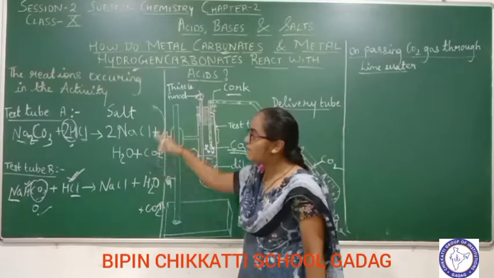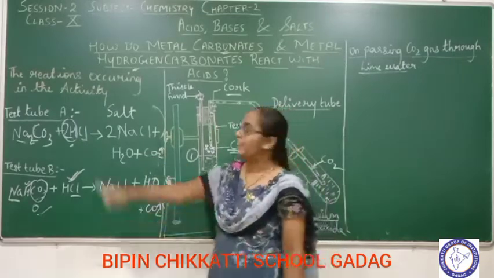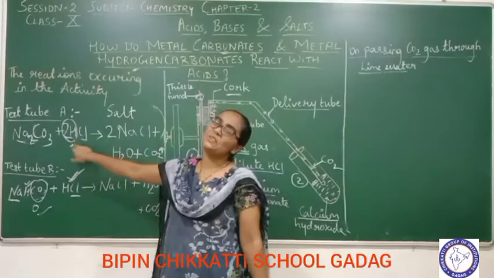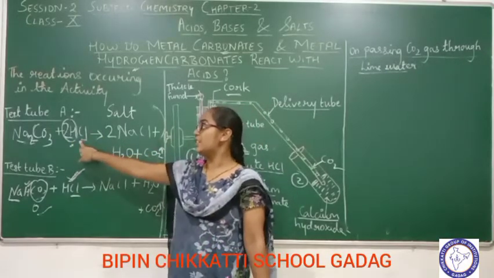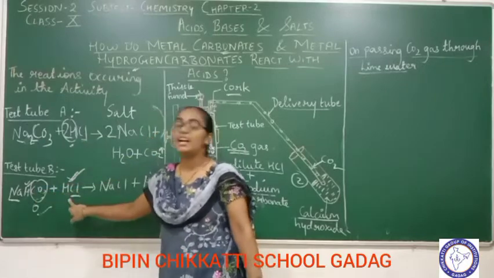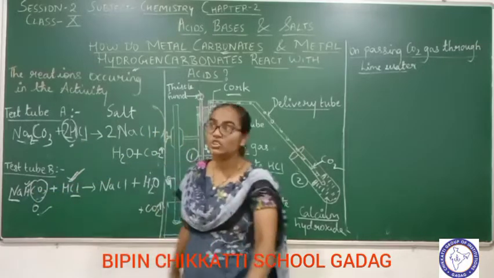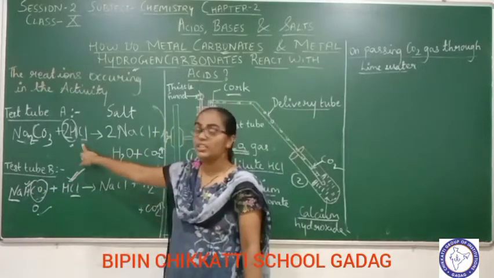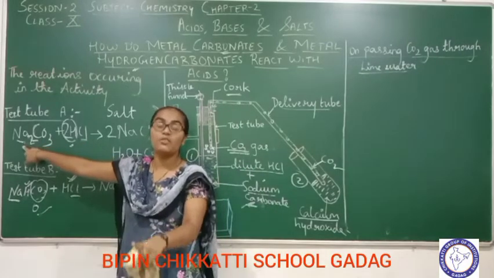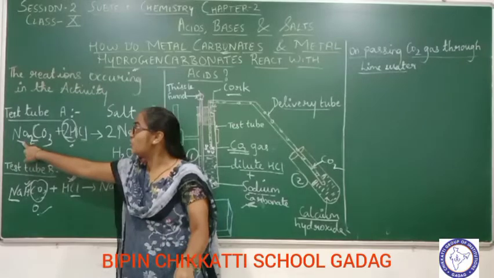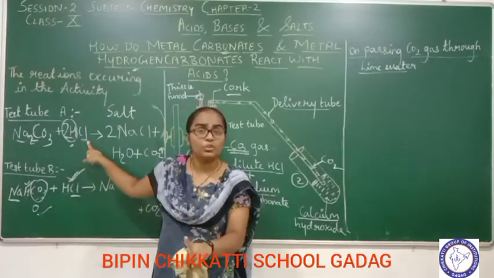So this is the same reaction, only in Na2CO3, 2 hydrochloric acid will come. In NaHCO3, 1 hydrochloric acid will come. Why is it so? Here 2 hydrochloric acid will come because 2 sodiums are there, no? Sodium carbonate has the formula Na2CO3. So 2 sodium is there, therefore 2 chlorine should be there, right?